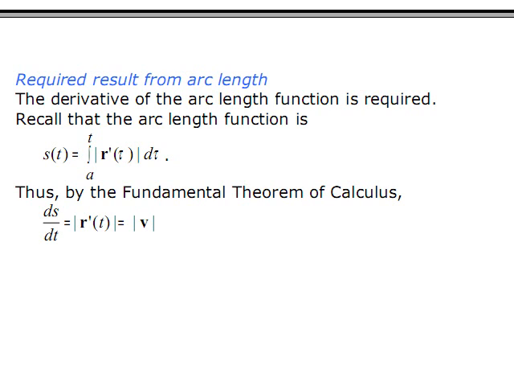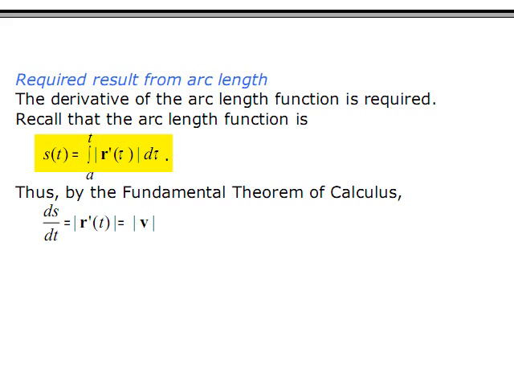But there's one other result that makes this work for your arbitrary parameterization, and this is the derivative of the arc length function. Okay, here is the arc length function. S of t is the integral from some starting point, I'll say a, to t, of the magnitude of the first derivative of the parameterization, r prime of tau d tau.